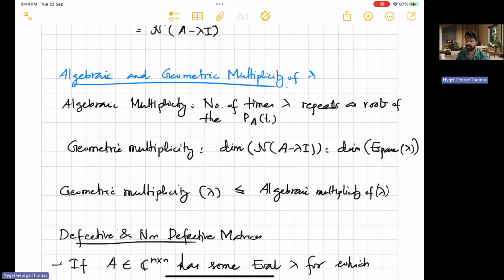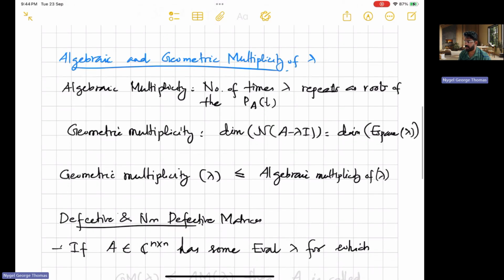Even though there is a more systematic way of defining it in terms of derivatives, the simple way is that the number of times lambda repeats as a root in the characteristic polynomial of A is the algebraic multiplicity of the eigenvalue. Now, the geometric multiplicity is the dimension of the eigenspace corresponding to lambda, or the dimension of the null space of A minus lambda I. Typically, geometric multiplicity is less than or equal to the algebraic multiplicity of lambda.